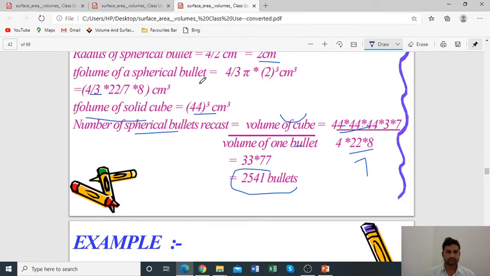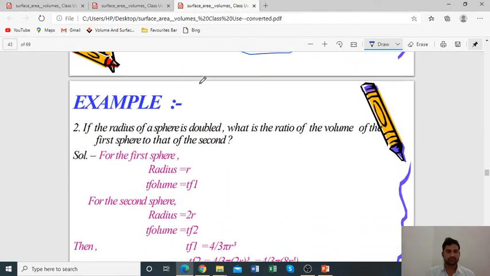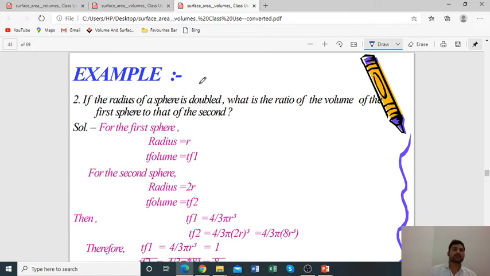Okay. Next, example number 2. If the radius of a sphere is doubled, what is the ratio of the volume of the first sphere to that of the second? The first sphere has radius R, so its volume is V1. The second sphere has radius 2R, so its volume is V2.